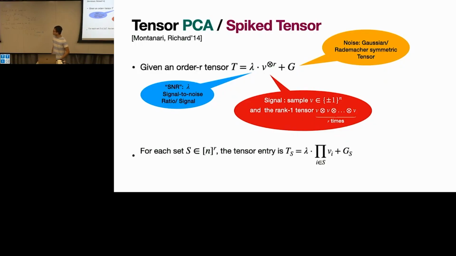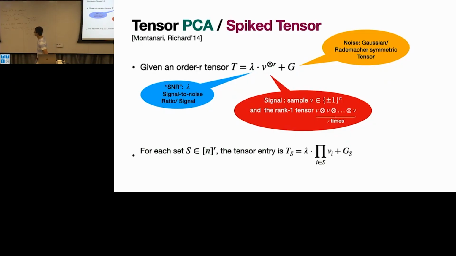This is a model put forward by Montanari and Richard in 2014. Here, we consider an input which is an order R tensor T, given by the following form. We sample a signal V, say from plus minus 1 to the n. It's an n-dimensional Boolean vector. Then consider the rank-1 tensor V to the R. Lambda is the signal-to-noise ratio, which measures how strong our signal is.